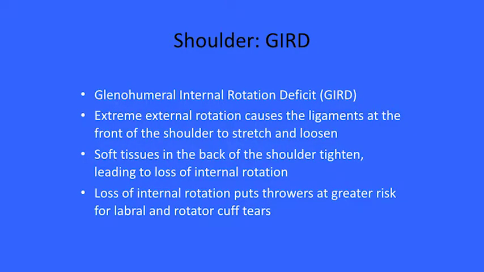Glenohumeral internal rotation deficit is related, where extreme external rotation, again with pitching mostly, results in looseness in the front, and it limits your internal rotation, but you get increased external rotation, and the tissues in the back of the shoulder tighten while those in the front loosen. And a lot of times you can treat that with therapy, and most of the time you'll get away with that, although occasionally it does require surgery.